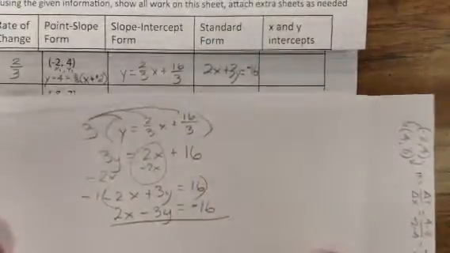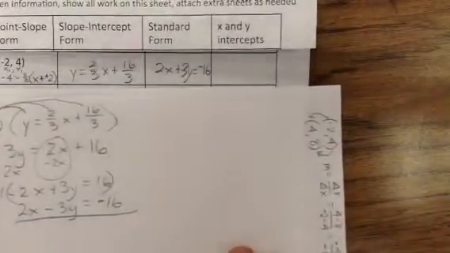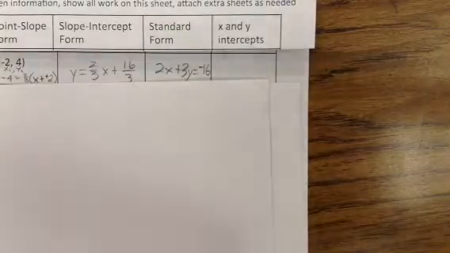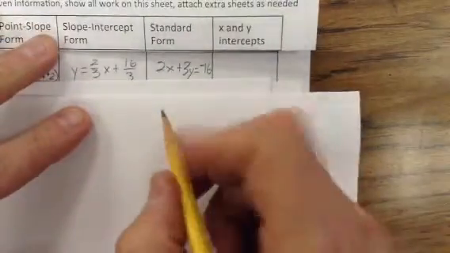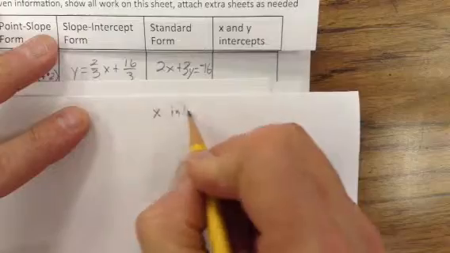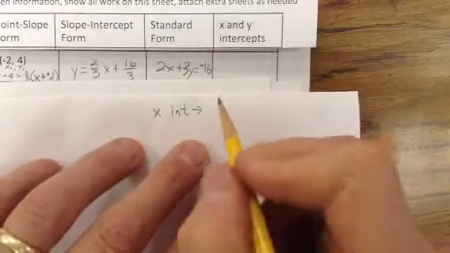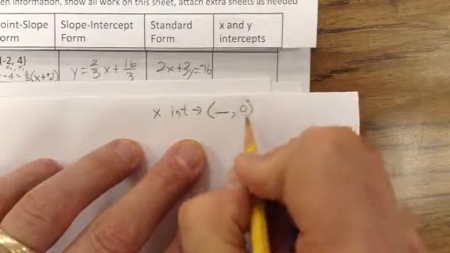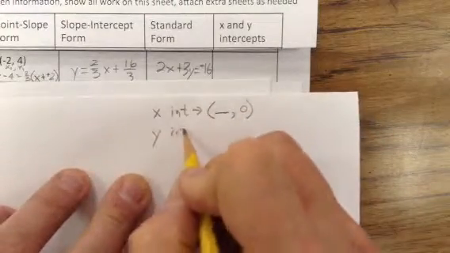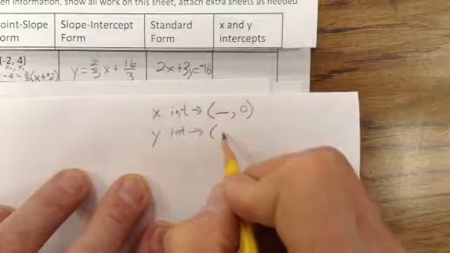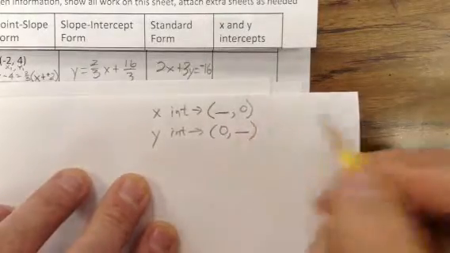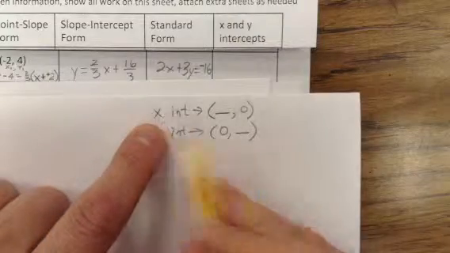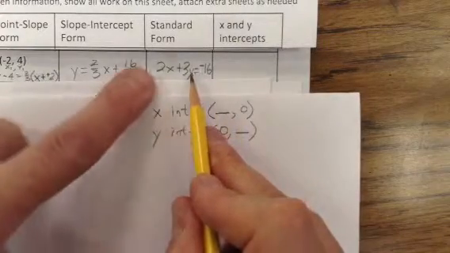Alright, so the x and y intercept, remember standard form is a good quick way to find our x and y intercept. The x-intercept is going to look like some number, comma 0, and my y-intercept is going to look like 0, comma some number. So if I come over here to find my x-intercept, I'm going to plug in a 0 for y.